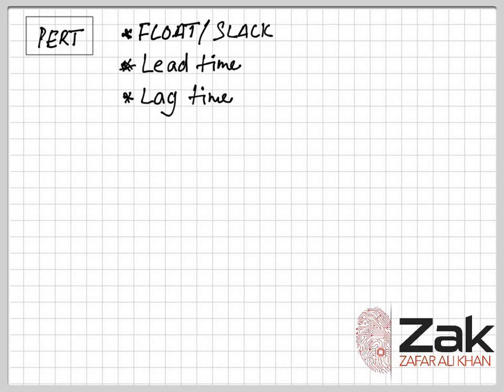So let's look into a few of the questions after this and revise everything with the help of past paper questions. I hope this has made several things clear about this topic.